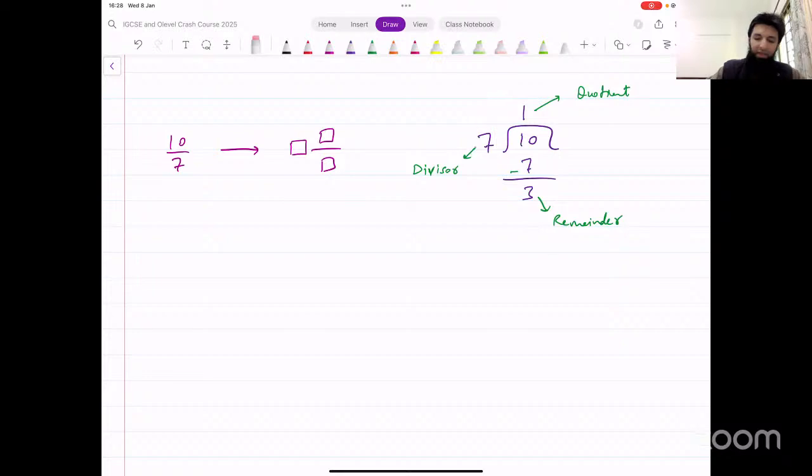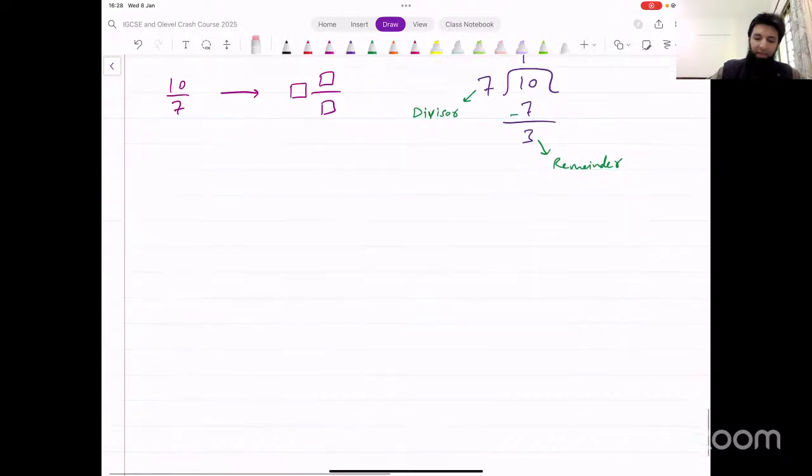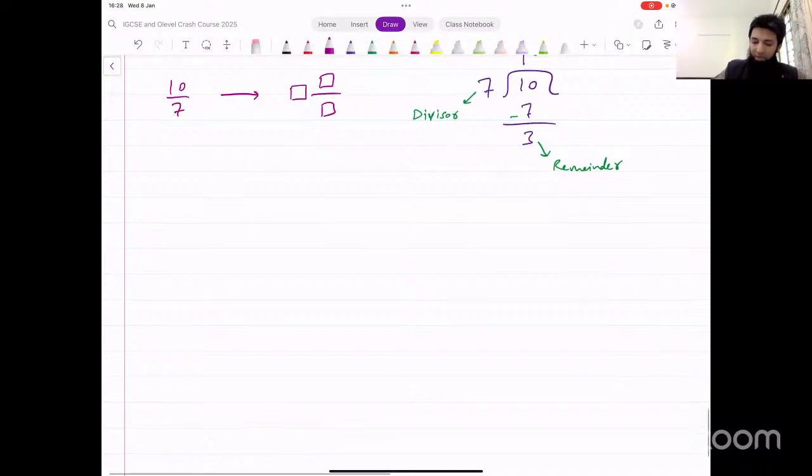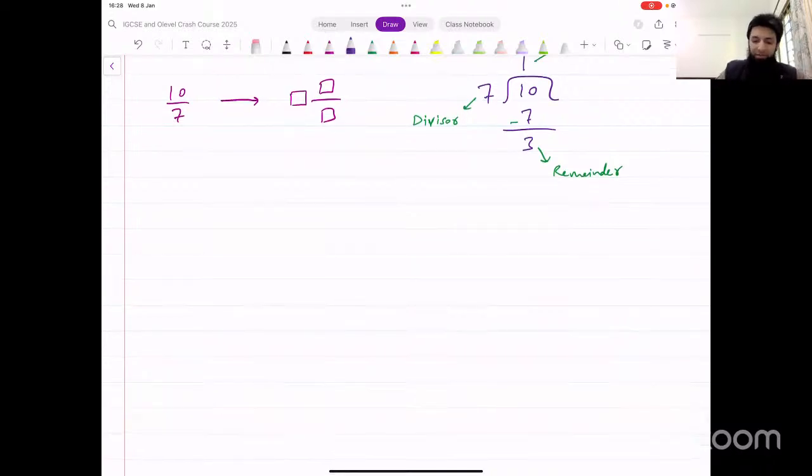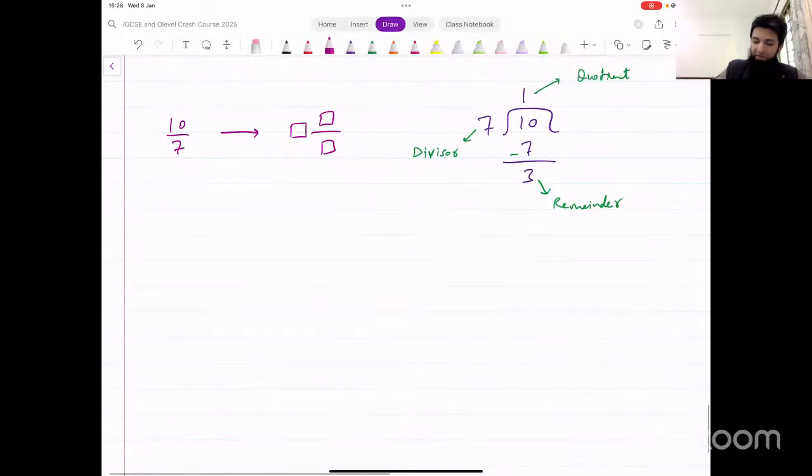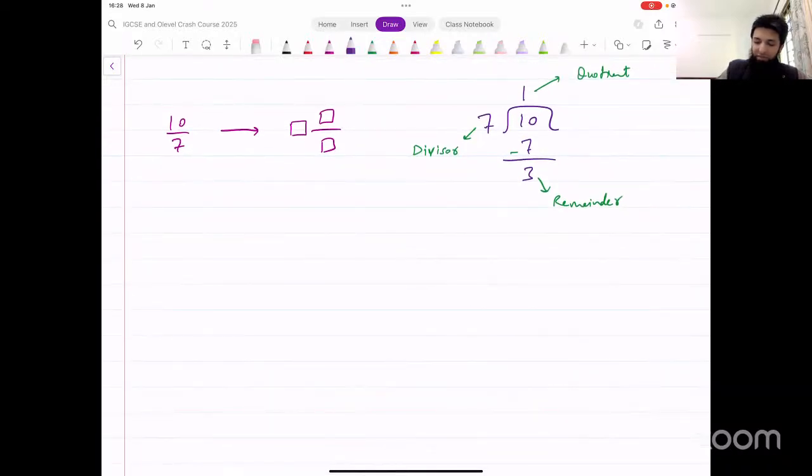We have this rule that whenever we divide a number by something, after the division process, we can write it such that we have the quotient here, the remainder here, and the divisor here.